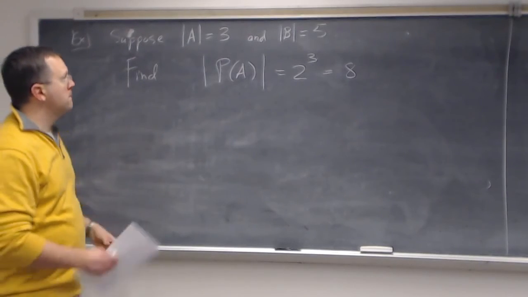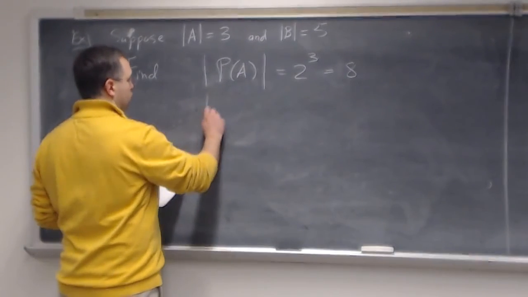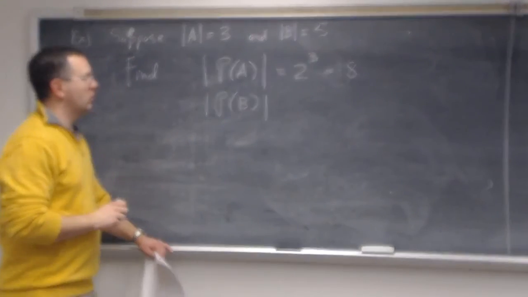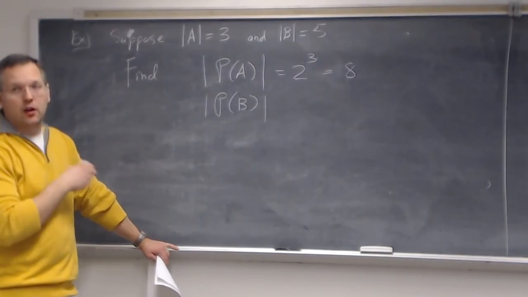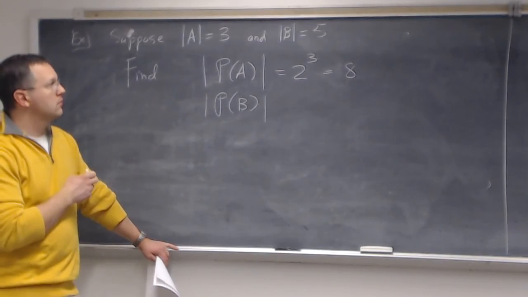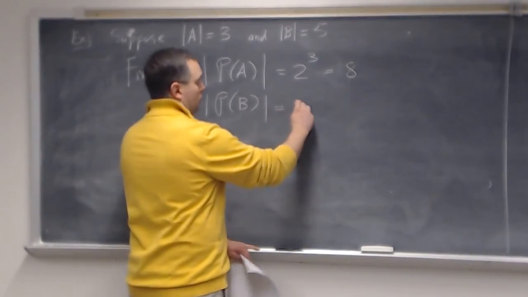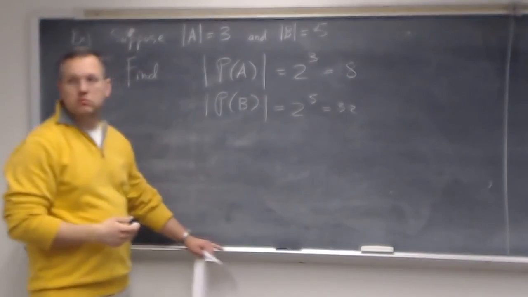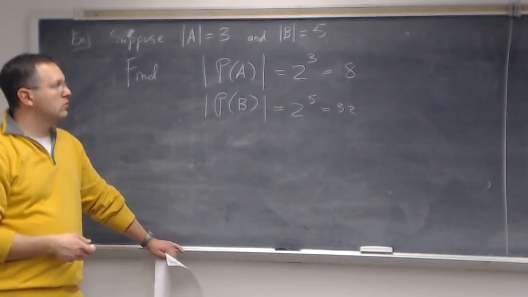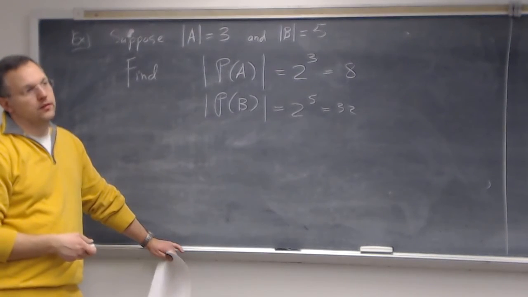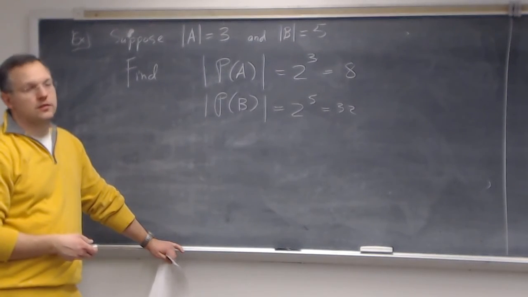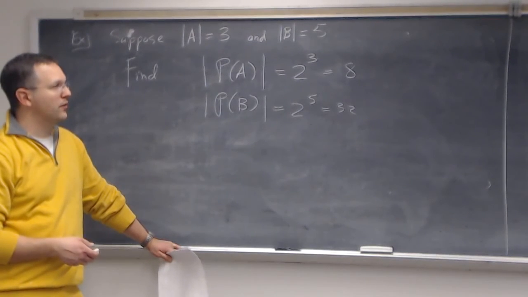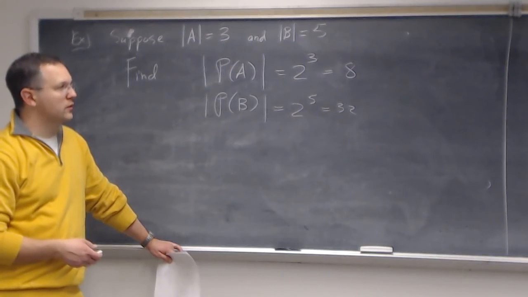How about the size of the power set of B? 32. 2 to the 5th is 32. So that's about the threshold of a set that a discrete math professor would require students to do on a homework assignment.